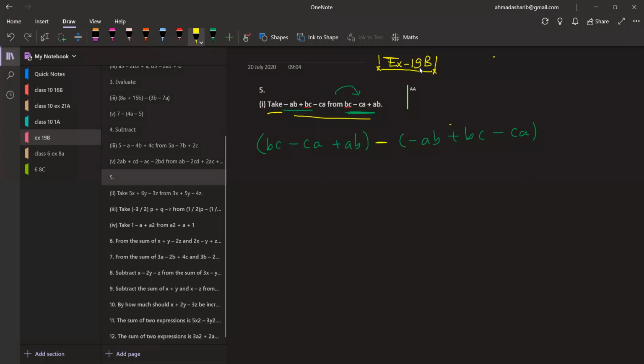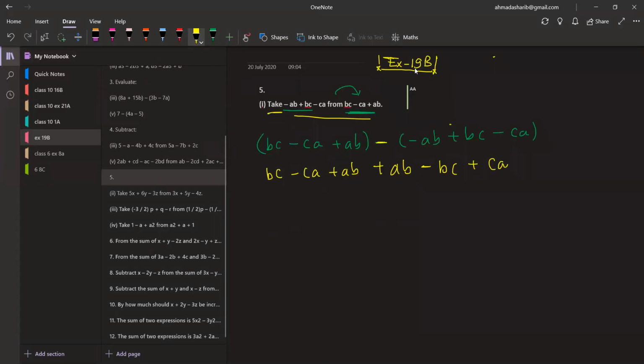Then you have to change the signs inside the bracket. So the first bracket should be written as it is, BC minus CA plus AB, but in the next bracket the signs will be changed. This is negative, it will be positive AB. This is positive, it will become negative BC. This is negative, it will become positive CA.